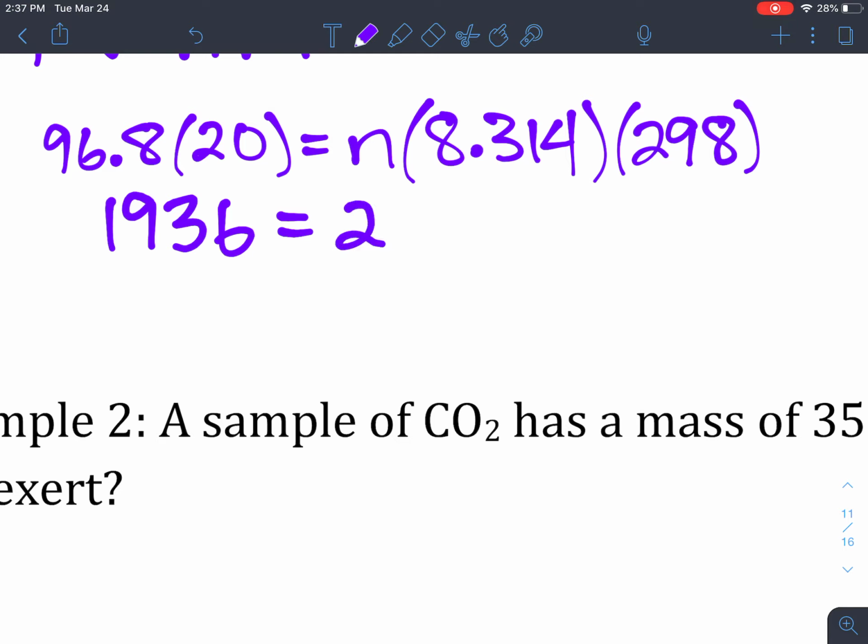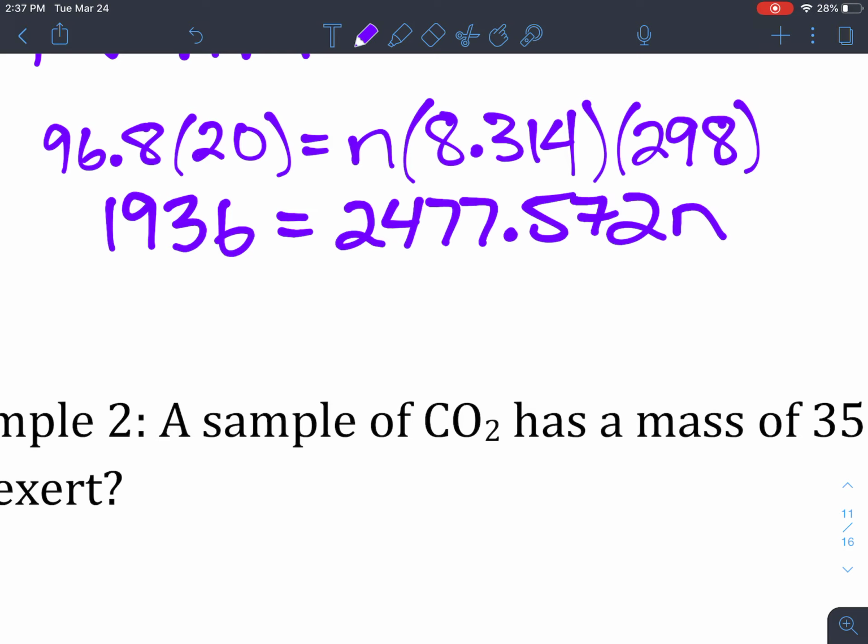And it's 2,477.572, and I'm just going to throw an X at the end there. Actually, I'll just keep it standard. I'll keep the N. And at this point, we just solve for N, so we have to divide by that really big number.